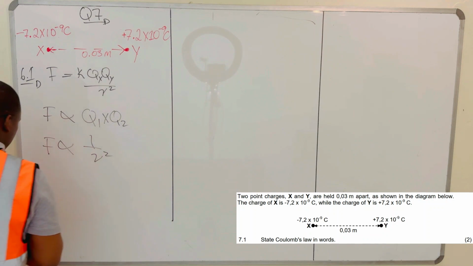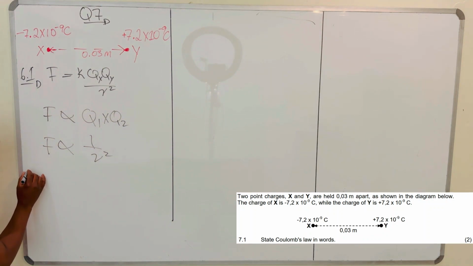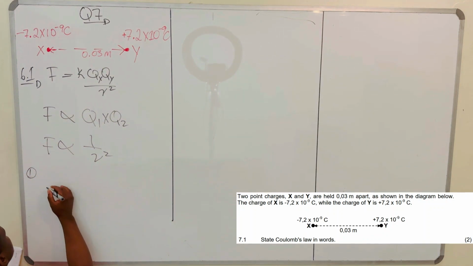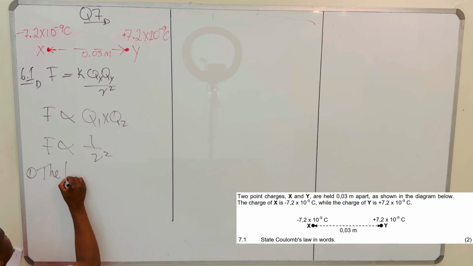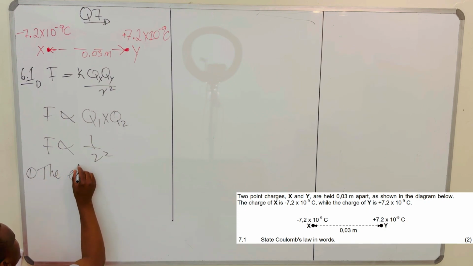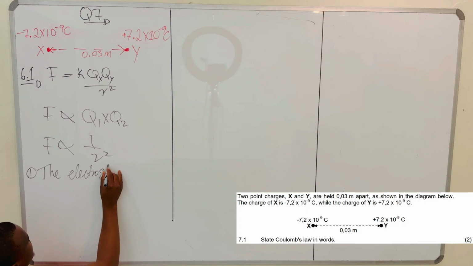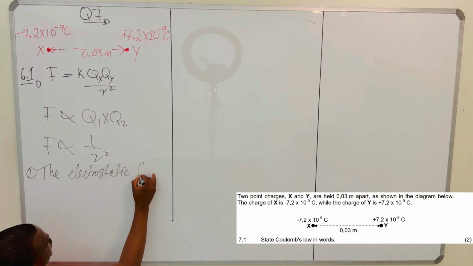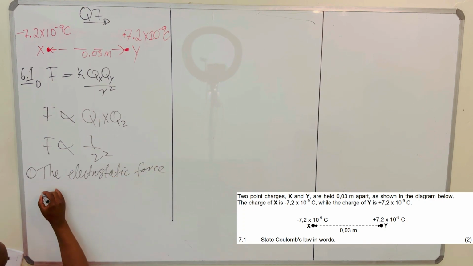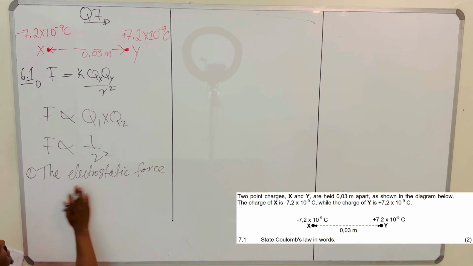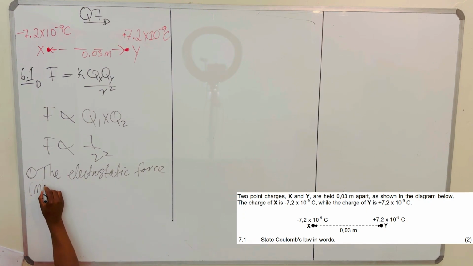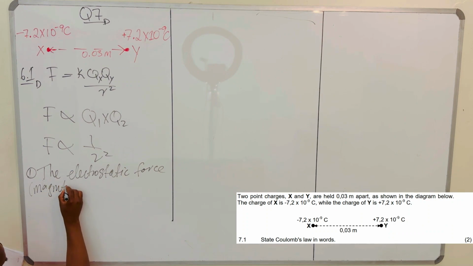Let me try to write it down at least. Coulomb's law states that the electrostatic force, or by electrostatic force we're mostly referring to the magnitude, right? We're interested in the magnitude.